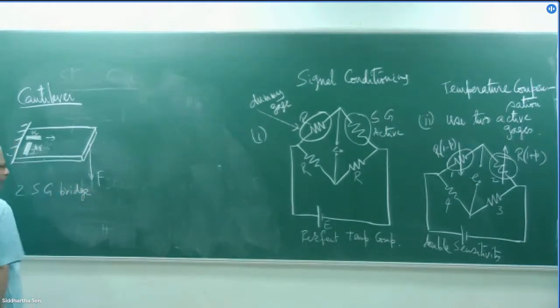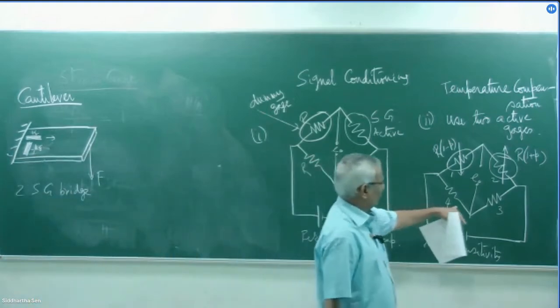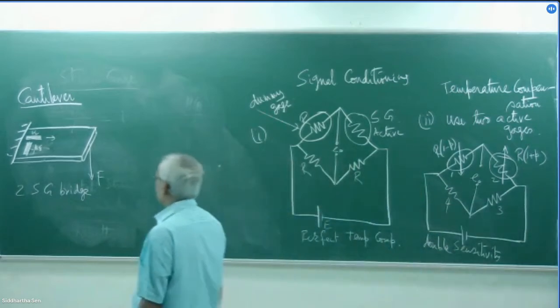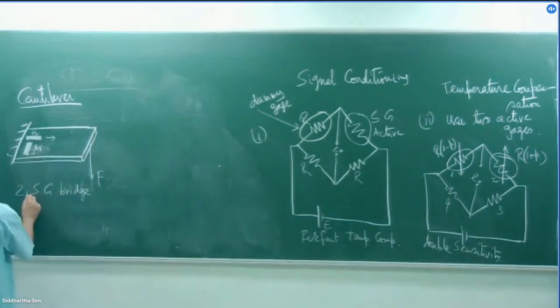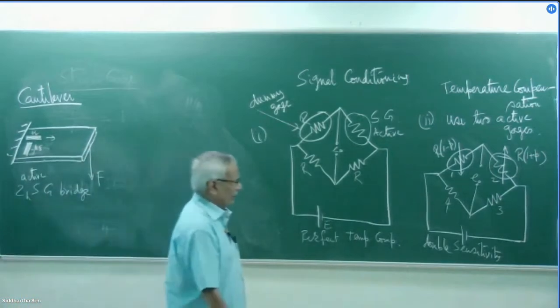But we may have a four-arm bridge, a four active strain gauge bridge. So the previous one is a two active strain gauge bridge, but there could be four active strain gauges also.